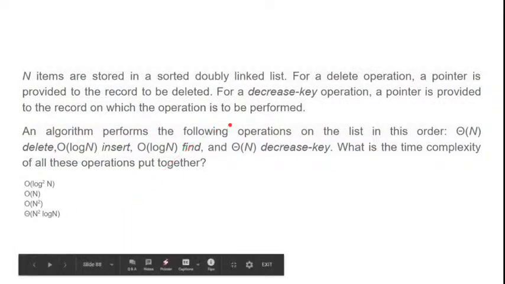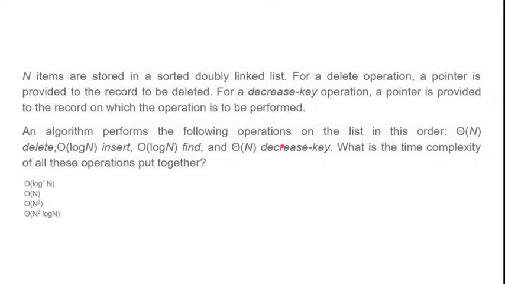The next question: n items are stored in a sorted doubly linked list. For the delete operation, a pointer is provided to the record to be deleted. For a decrease key operation, a pointer is provided to the record on which the operation is to be performed.